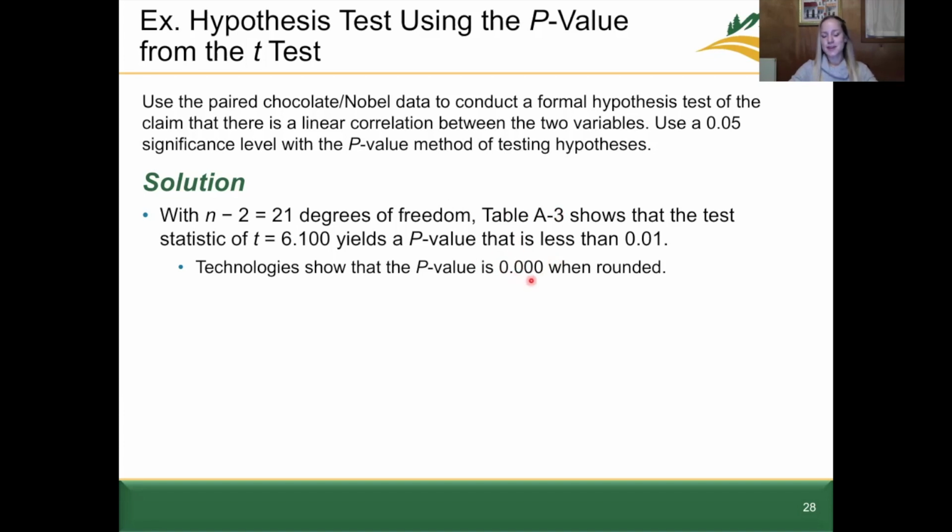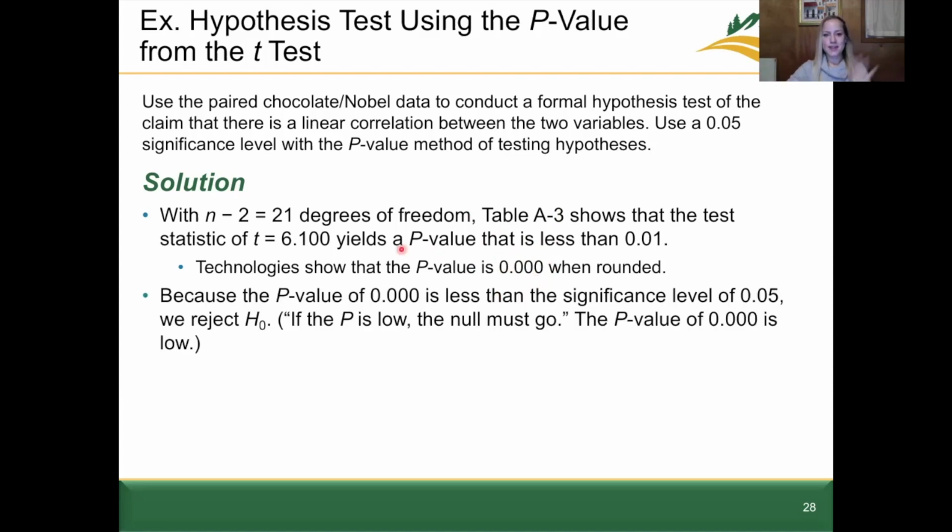Depending on how many data points you displayed, it looked to be about equal to 0. Now that we have a p-value and an alpha value, we can again compare those two. The p-value being very small is less than our alpha value of 0.05. Remembering this, if the p is low, the null must go.